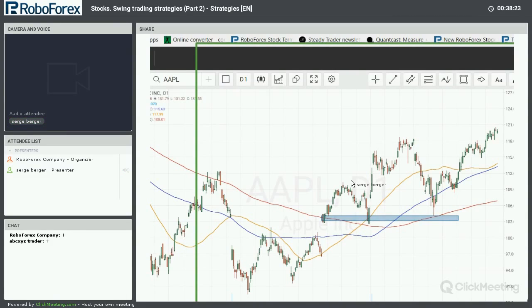Now, it's important to understand that these types of setups don't happen every day in every stock. If you look at Apple, we haven't really had a lot of these. We've had a couple here over this time period, and that's something that once again speaks to the importance of being patient.